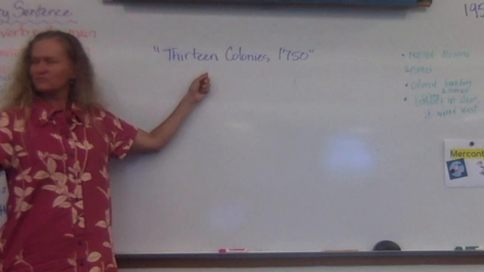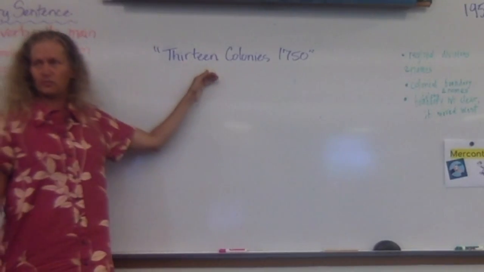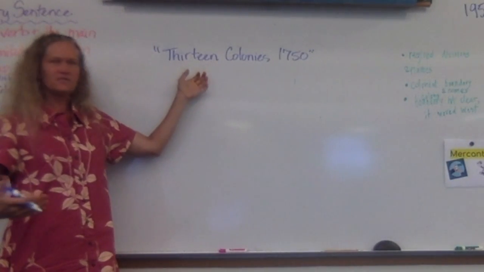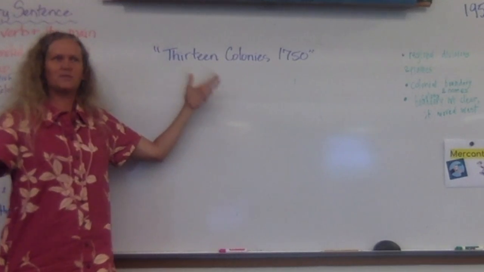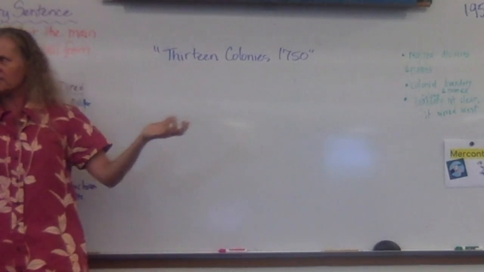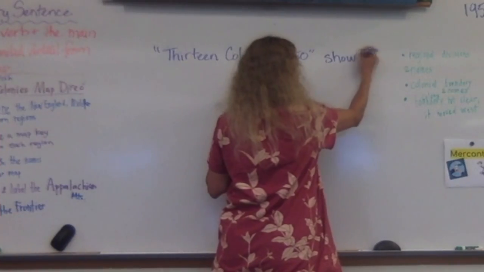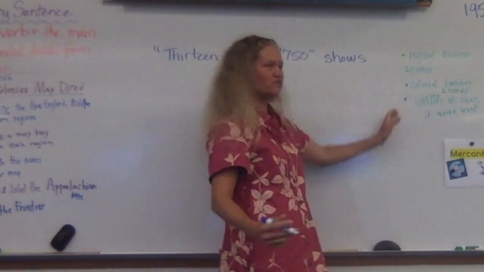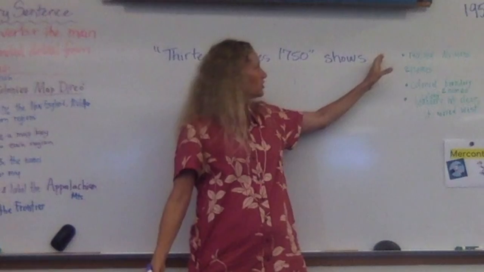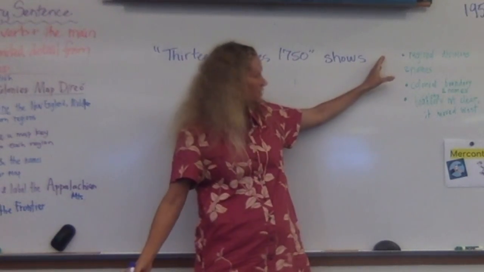Next comes a verb. What does this do? It shows, it explains. Let's pick a real simple word: shows. And now we're just going to make these flow in a sentence. The regional divisions.